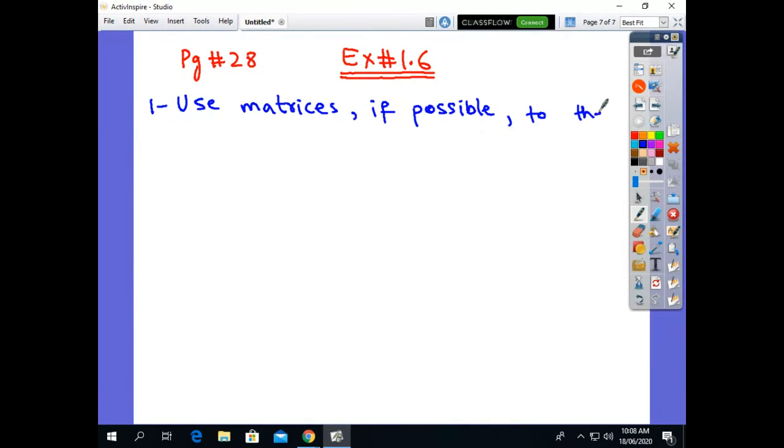Solve the following system of linear equations by the matrix inversion method or the Cramer rule.